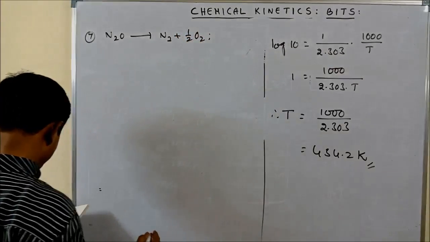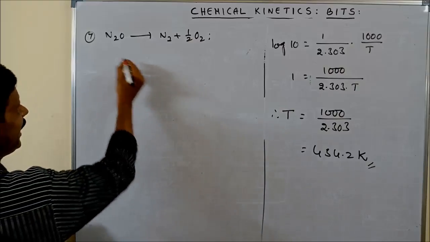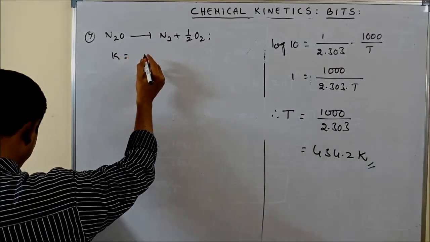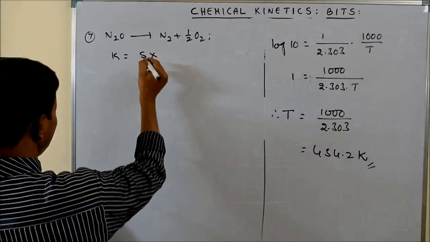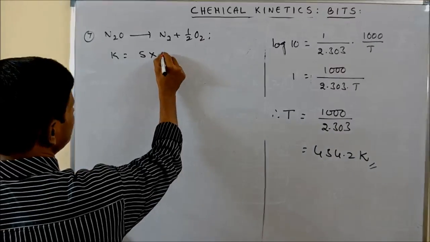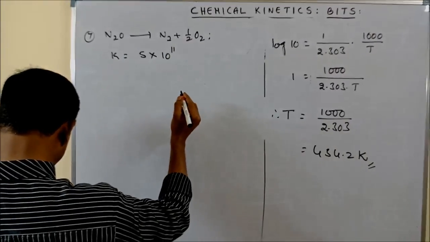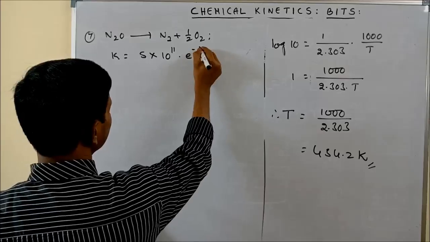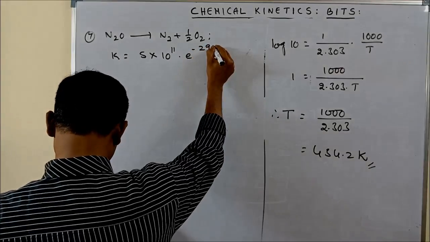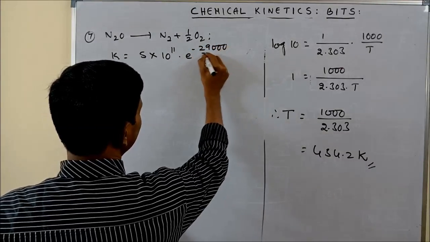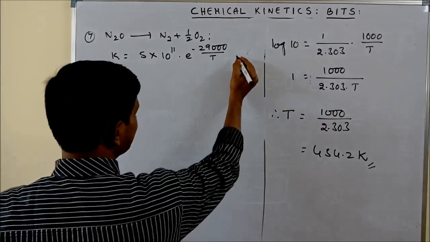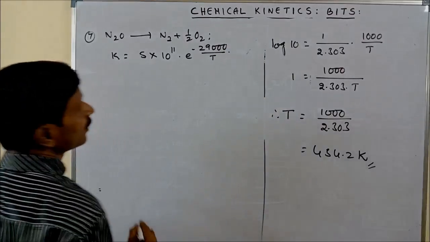In this process, K is mentioned as 5 into 10 power 11 into e power minus 29,000 by T calorie.